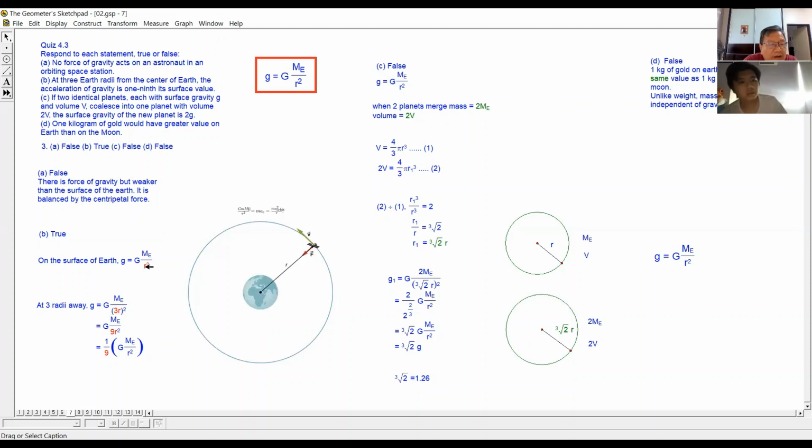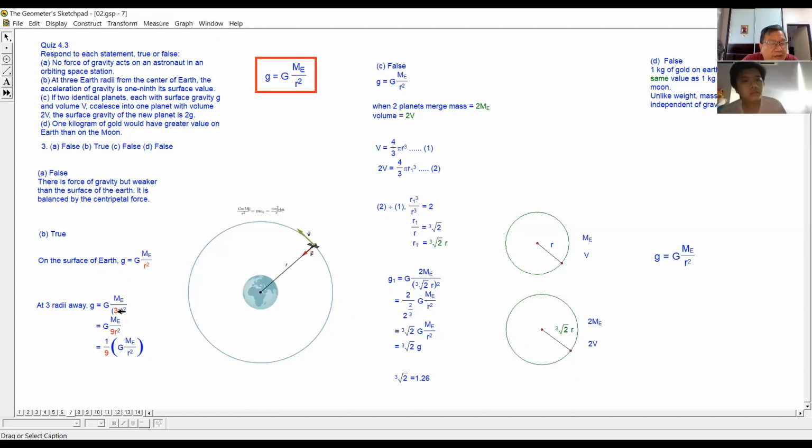Instead of one R, it is now 3R. So I dare not say that this is the g on the surface of the Earth. I say at 3 radii away. So this g is not our 9.8 g. It is the g at 3 times the radius of the Earth. So this is the new g, not our usual g.